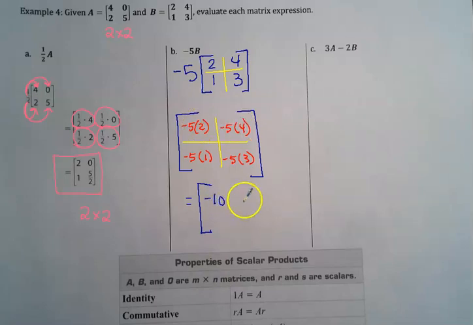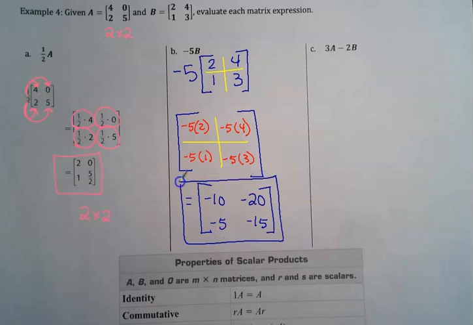Negative 5 times 4 is negative 20. Negative 5 times 1 is negative 5. Negative 5 times 3 is negative 15. That is our product. We just did scalar multiplication. We scaled it to a different size.